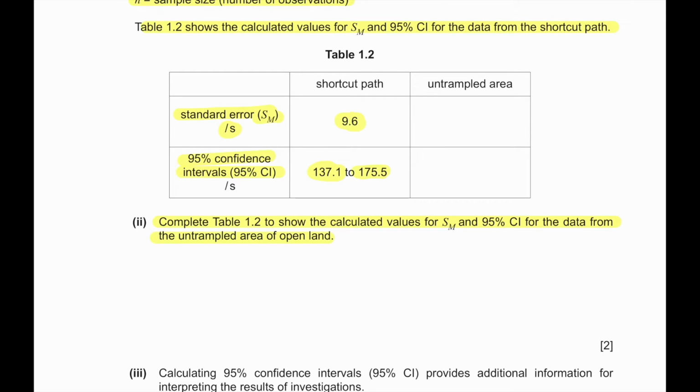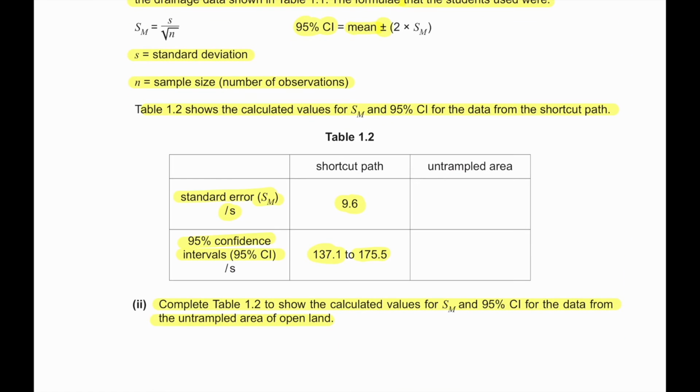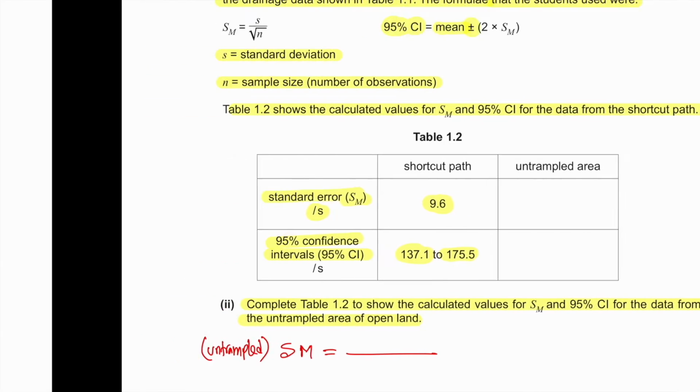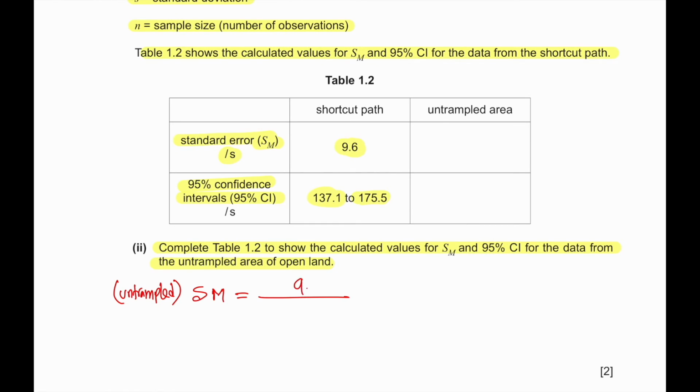To find the standard error, the formula given here is standard error equals S divided by the square root of N. Standard error for untrampled is equal to the untrampled area standard deviation, 9.0, divided by the square root of 10, which is the number of observations, equals 2.8.